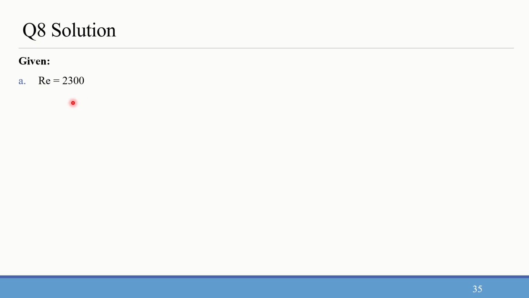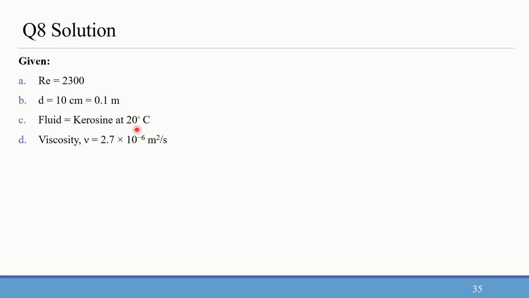Reynolds number is 2300, diameter of the pipe is 10 centimeter, which is 0.1 meter, and the fluid is kerosene at 20 degrees Celsius, with viscosity nu equal to 2.7 × 10^-6 meter square per second. We are asked to find the volumetric flow rate in meter cube per hour that causes the transition.